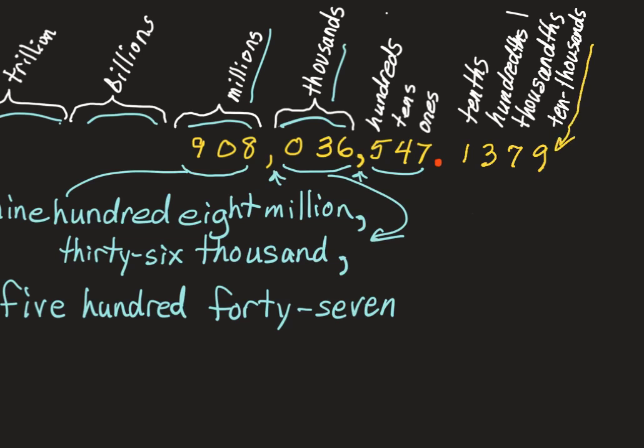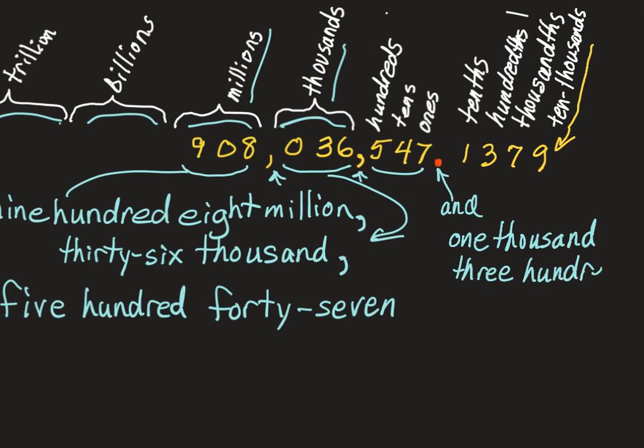So we would have this same number, 908,036,547, and we'll often say and to indicate the decimal point there, 1,379, and what place are they in?